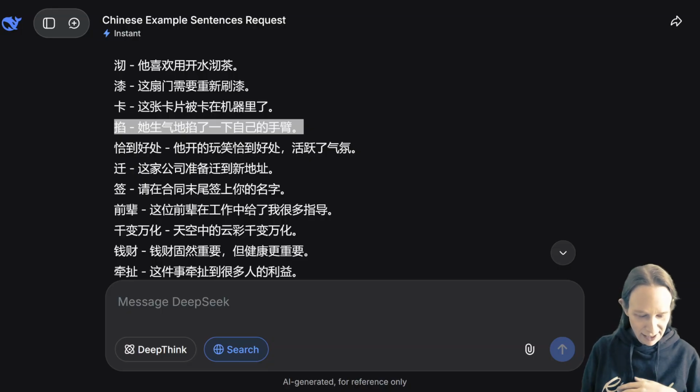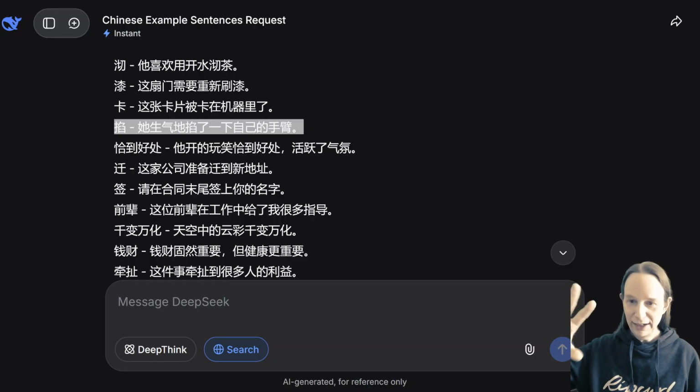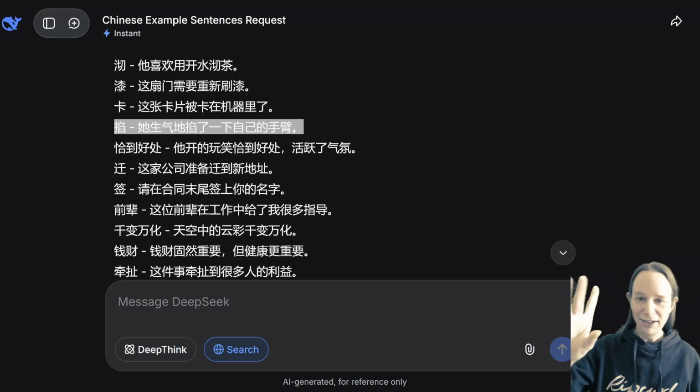What else do we need to know about 掐? 用拇指和另一个指头节制按或截断. So we're using this kind of action, but it could be with other fingers. It's very specific.